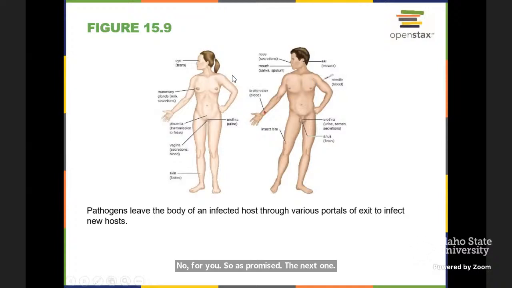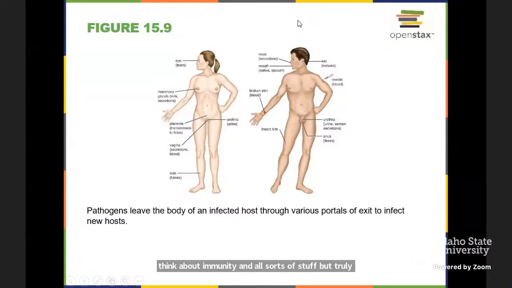So a lot of the same stuff, as far as areas to be exits. We also think about potentially mammary glands, milk, which sets the stage for things to be transmitted. We can also think about immunity and all sorts of stuff, but that's for a little bit later.